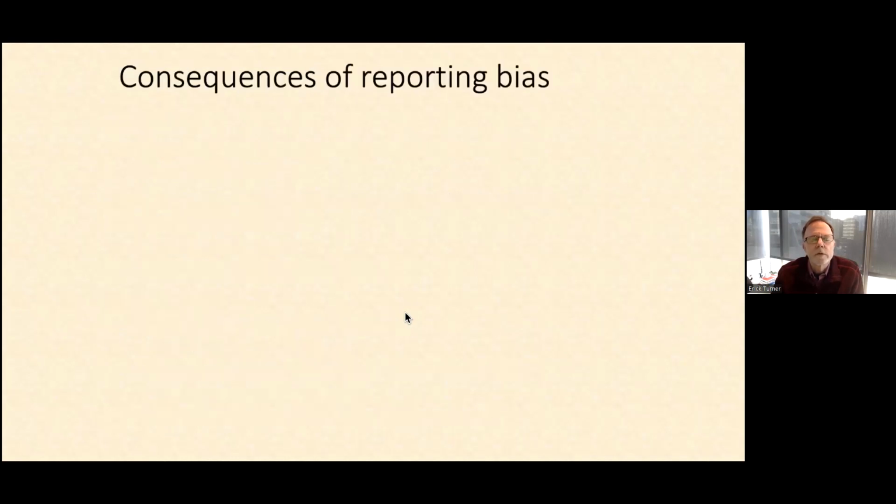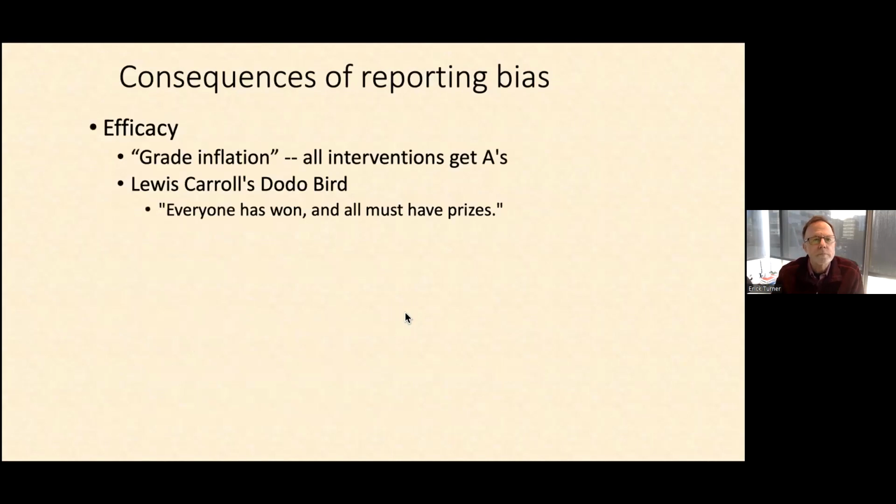So the consequences of reporting bias: it affects both efficacy and safety. And by the way, the efficacy-safety dichotomy translates into the clinical world. We think of the risk-benefit ratio, of course, clinically. So on the efficacy side of things, there's sort of a grade inflation, if you will, where everything gets an A. And if everything gets an A, then no one gets an F or a D or whatever your grading system is in your country.